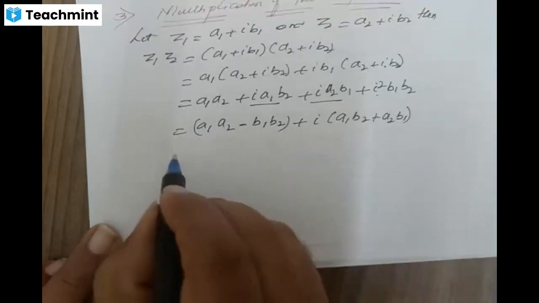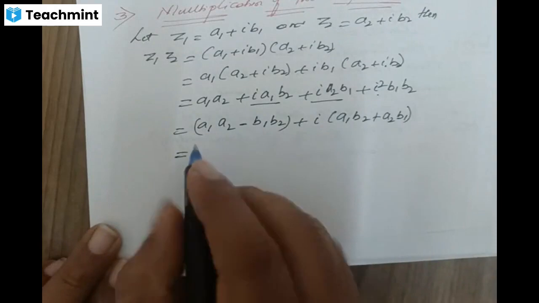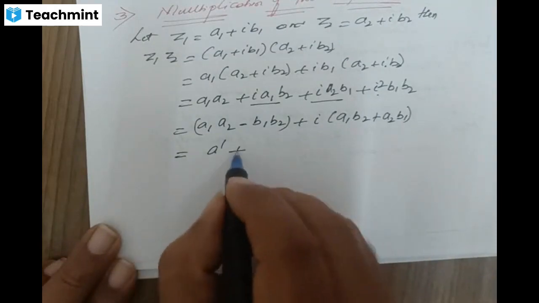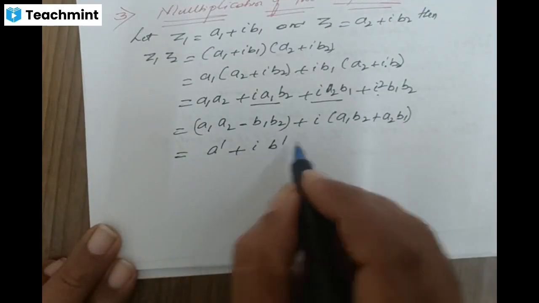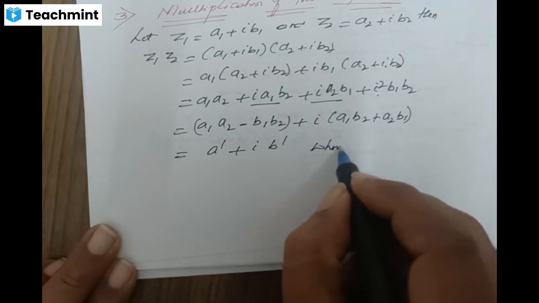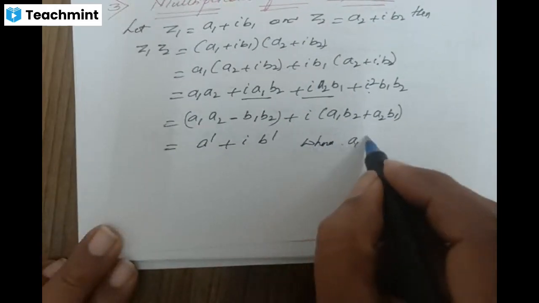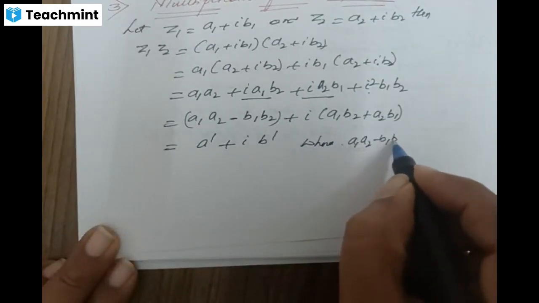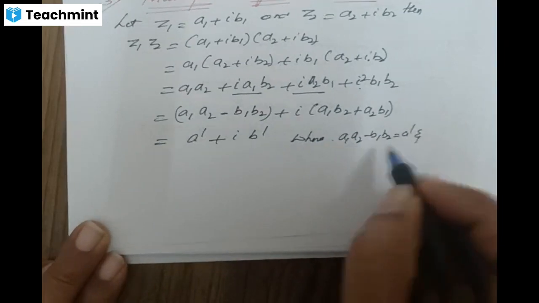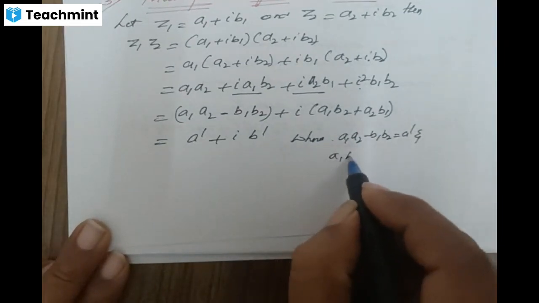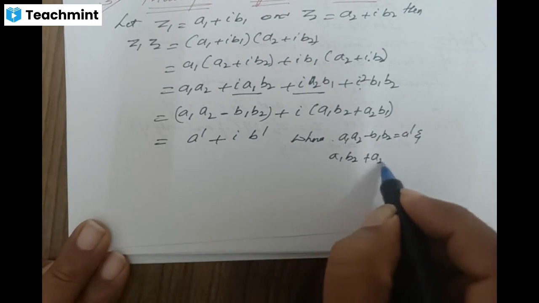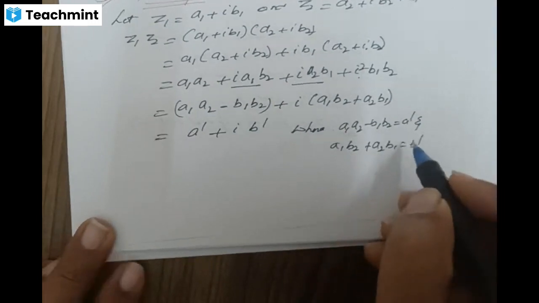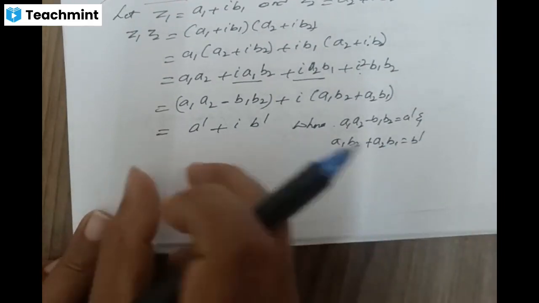I will write this part as a dash plus i into this part as b dash. So a1 a2 minus b1 b2 is equal to a dash, and a1 b2 plus a2 b1 is equal to b dash. That means it is again of the form x plus iy.